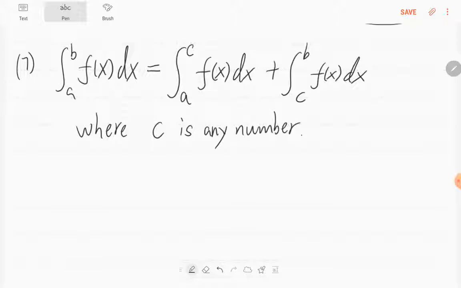It's not necessary to be a number between a and b. It could be less than a, could be greater than b. Outside the interval a, b, it doesn't matter.